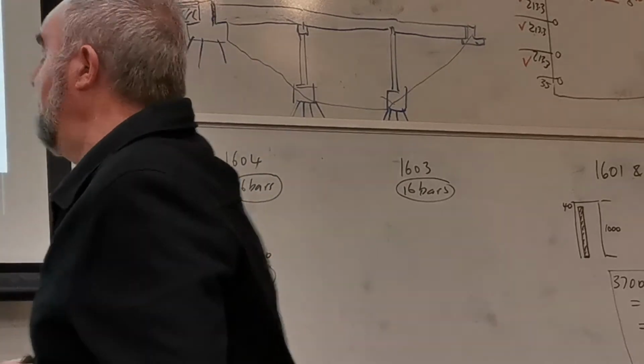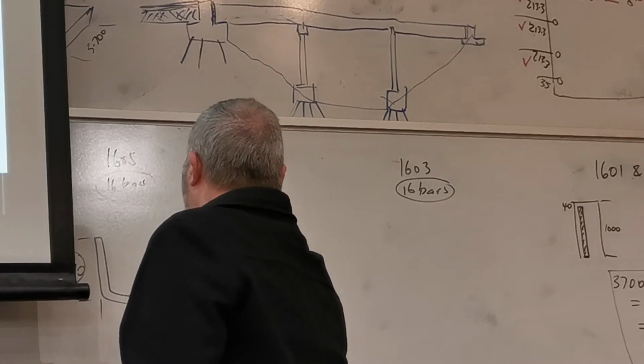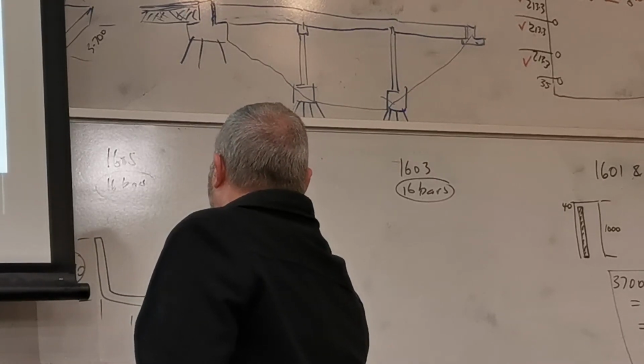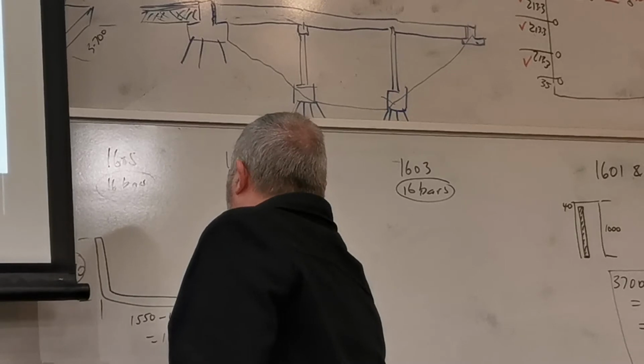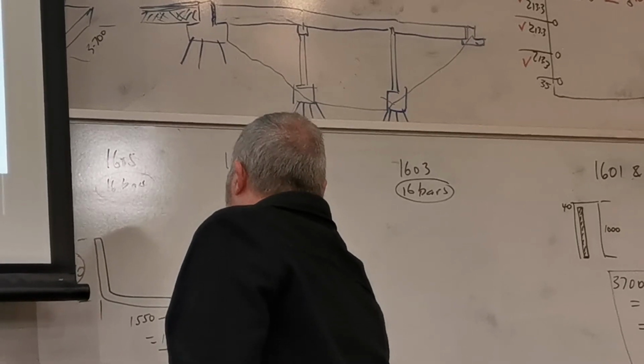Along the bottom it's 1550 minus 40 minus 40, which equals 1470.